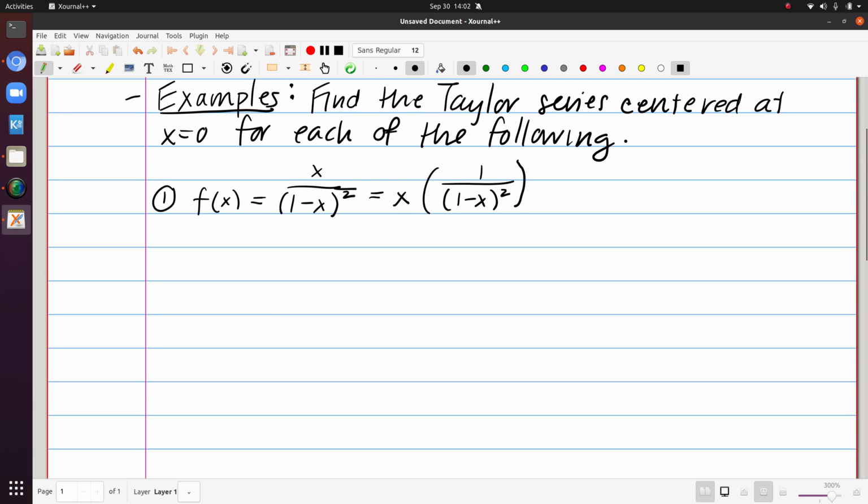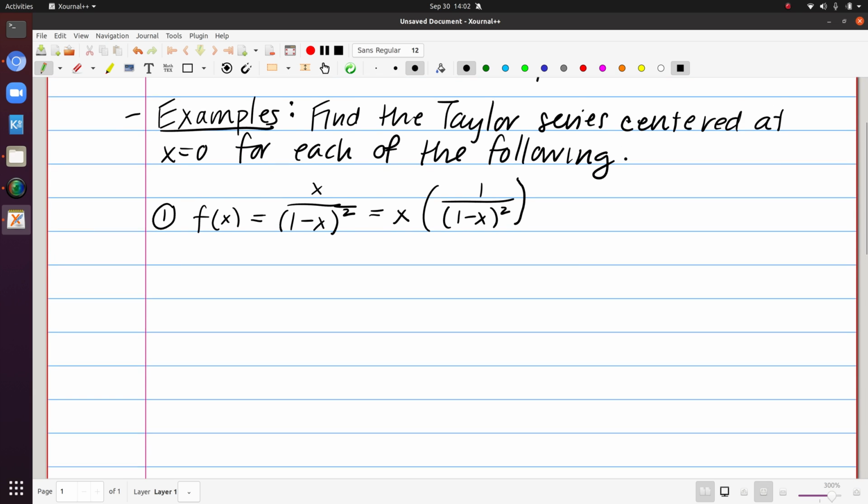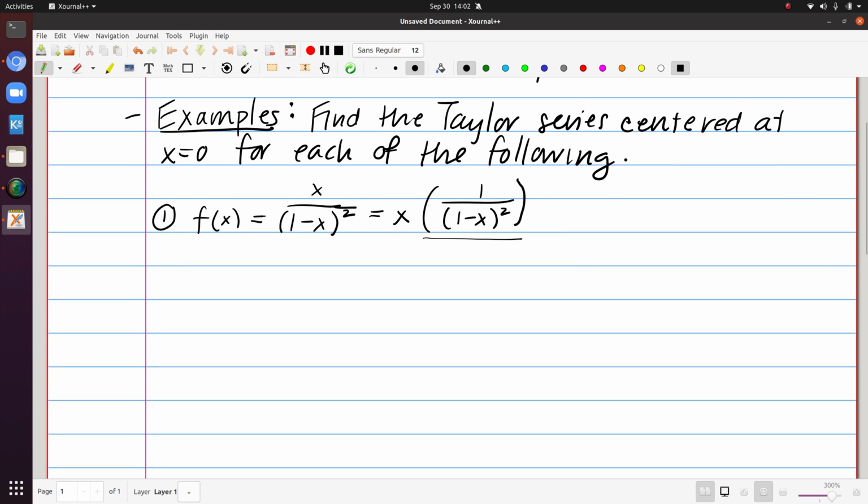So in doing so, now I want to focus on this here, and we can observe that 1 over 1 minus x squared is the derivative of 1 over 1 minus x.